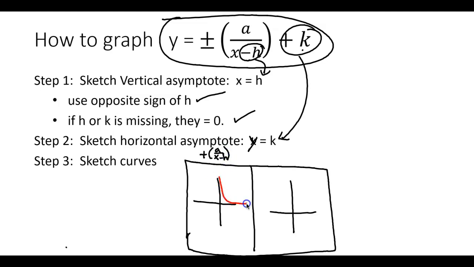It's going to be top right, bottom left. But if you have a negative in front of that fraction, it flips it over so it'll look like this instead. It'll be top left and bottom right. It switches the signs so everything gets reversed.